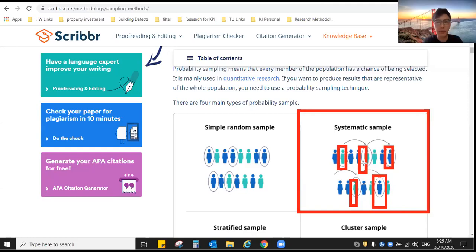I don't care whether it's female or male, because you randomly sit in a lecture room. I can start with the second one, then take every third one. I can still start with the first one, then take every third one, also the same. But there is a systematic system: I plan every third one I take.